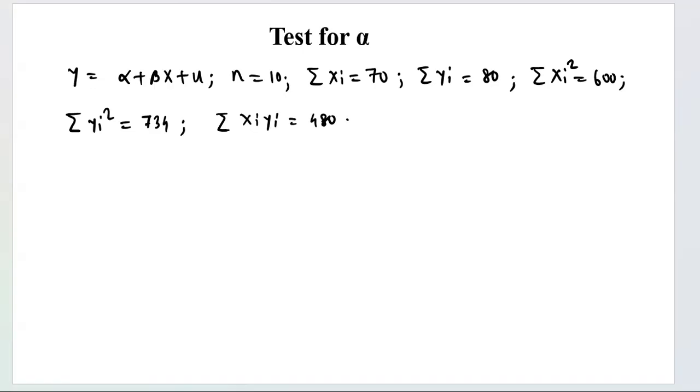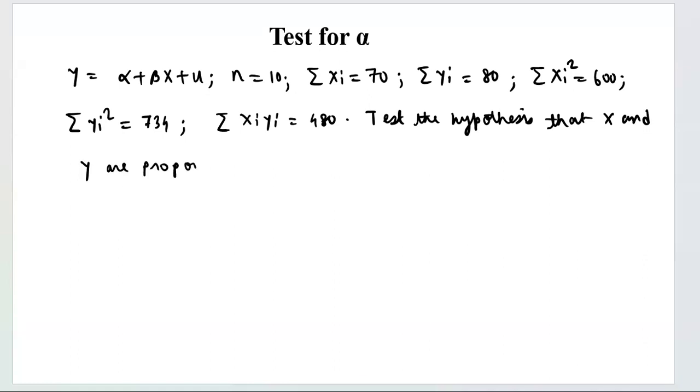Now the question says, test the hypothesis that x and y are proportionately dependent, proportionally dependent at 5% level of significance.